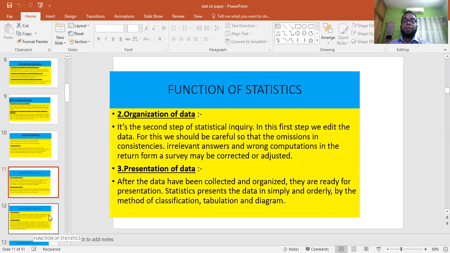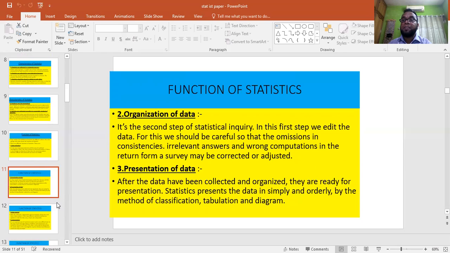Now, the second one is organization of the data. It is the second step of statistical inquiry. In this step, we edit the data. For this, we should be careful so that omissions, inconsistencies, irrelevant answers, and wrong computations in the returns from a survey may be corrected or adjusted.